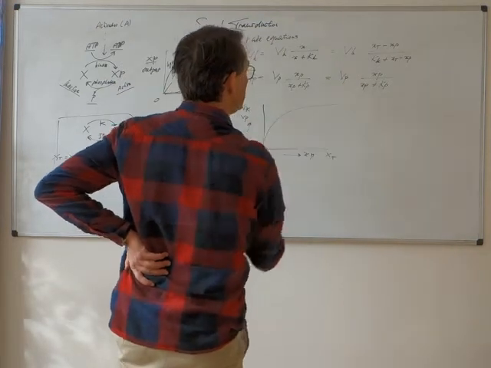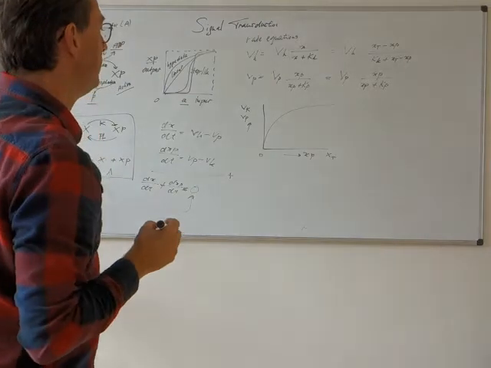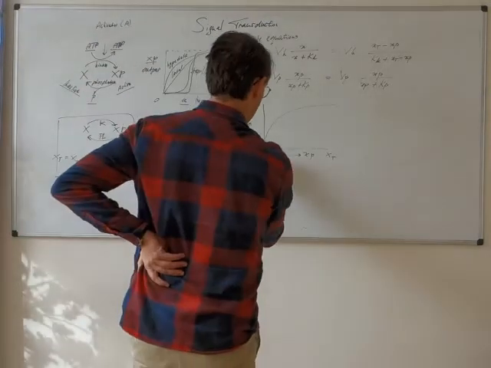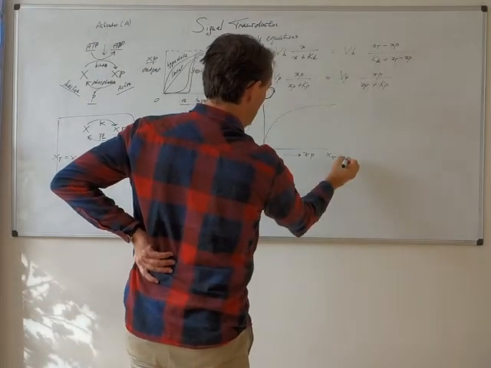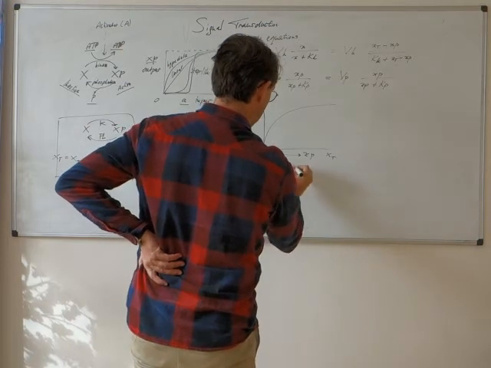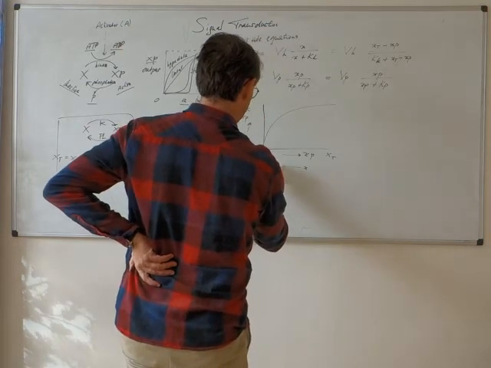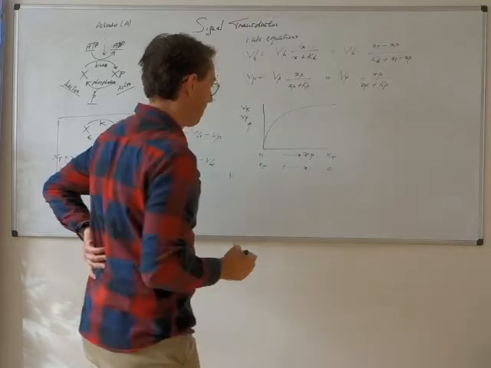It's going to rise, and so clearly, if XP moves in that direction from 0 to XT, then the X direction is the opposite, right?